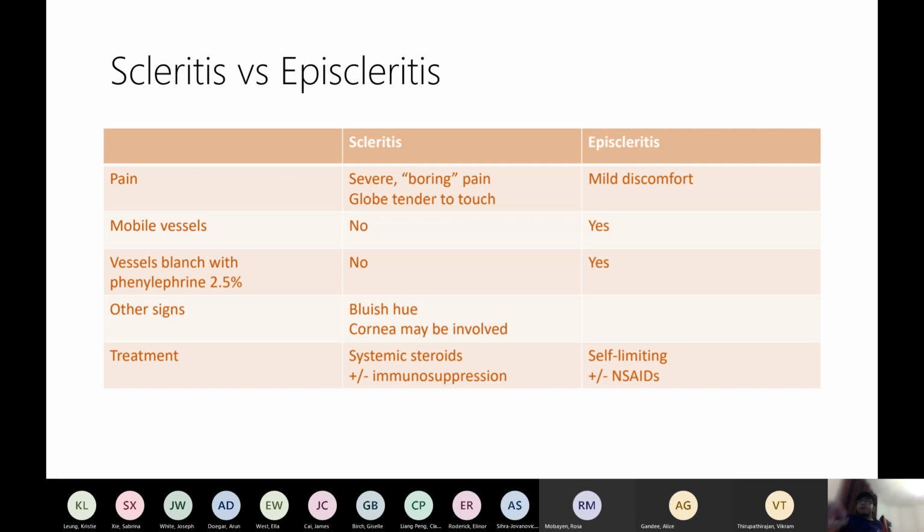There is a type of scleritis that is painless and can cause perforation of the sclera. I don't know if anyone's heard of that. Does anyone know what it's called? There's been a few cases at the Royal Free. We'll talk about it in a minute, because it's interesting above all else, even if it doesn't come up in exams.